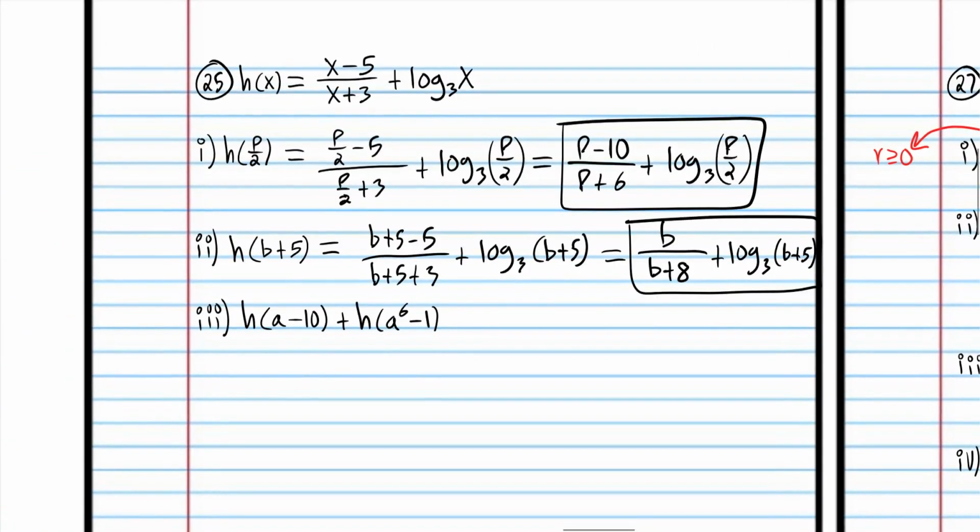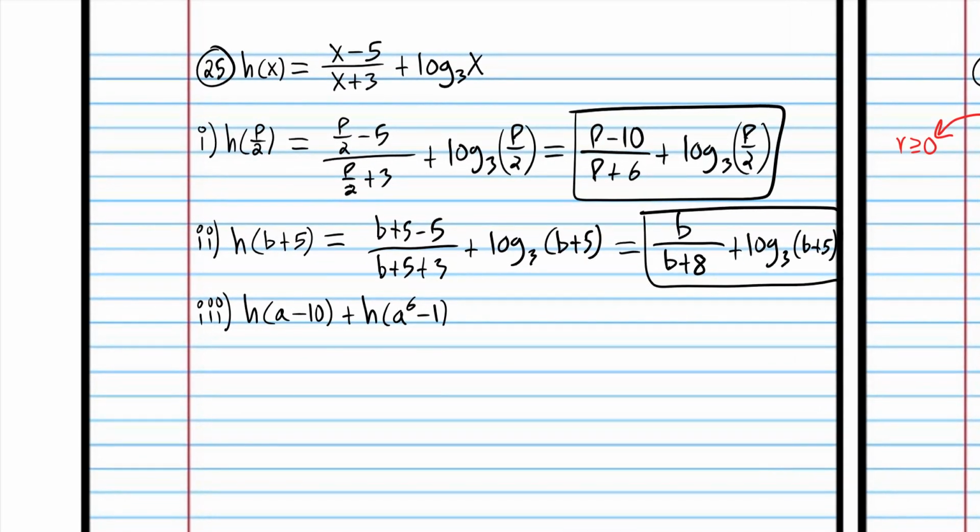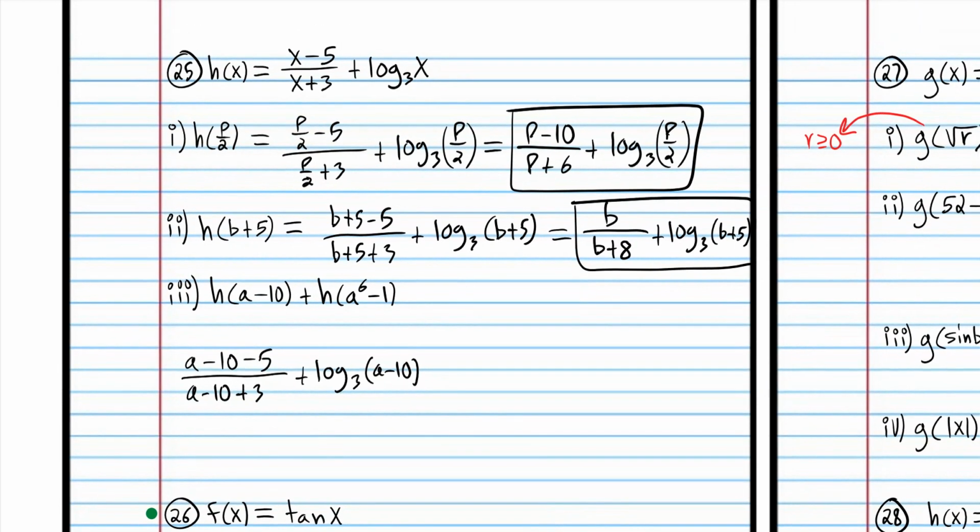So now we're going to find h of a minus 10 plus h of a to the 6th power minus 1. So let's first find this expression. We're going to copy this exact expression, except instead of x, we're going to write a minus 10. So I wrote this expression here. Then we're going to add this expression.